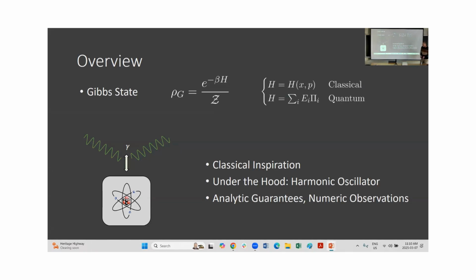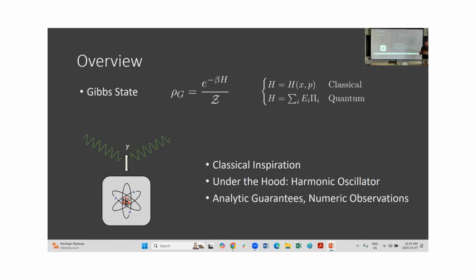And so although this is a model studied in open quantum systems, the inspiration that we took was more of a classical algorithm. This is a classical algorithm for sampling from thermal distributions or thermal states, or probability distributions more generally. And we took this classical algorithm and tried to port it over to quantum. So I'll mention this inspiration.